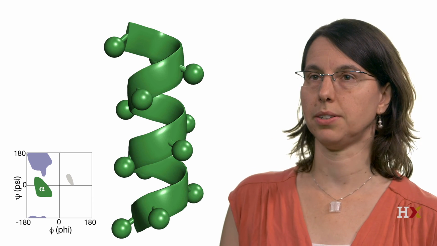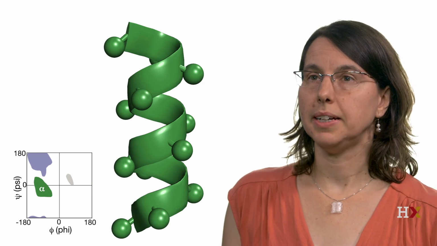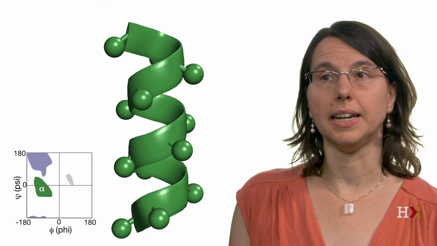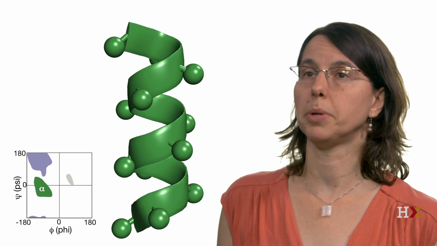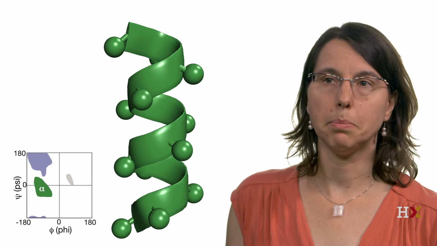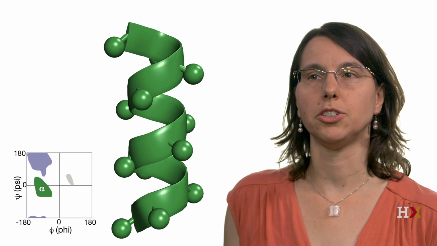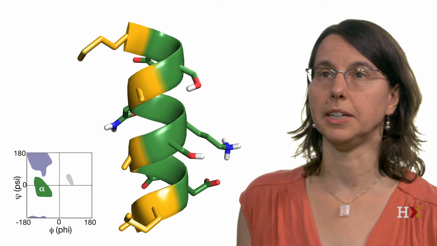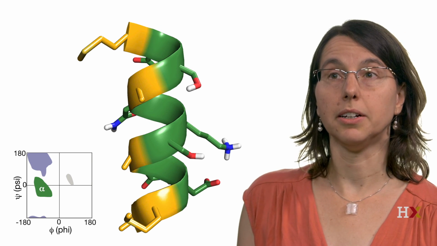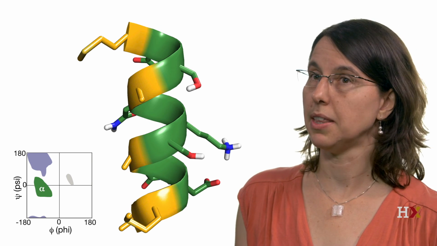Now, the periodicity of an alpha helix is that it contains 3.6 residues per turn, and that will lead to important patterns in the primary structure or sequence of a protein. And I've illustrated here with an example from ATP synthase.